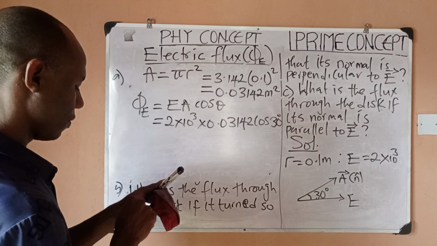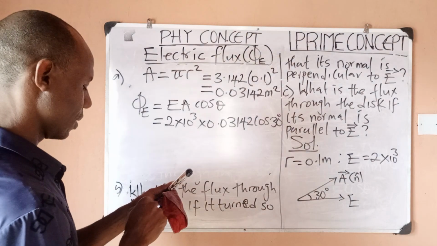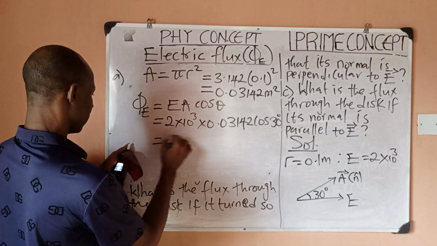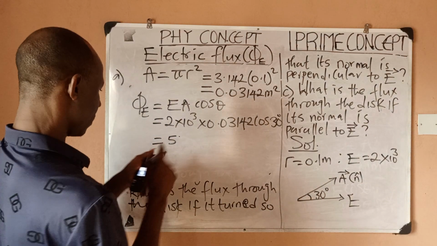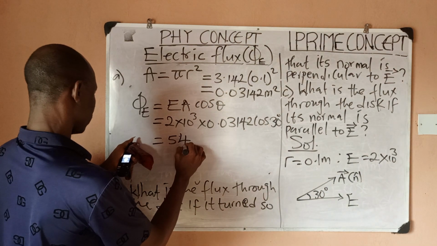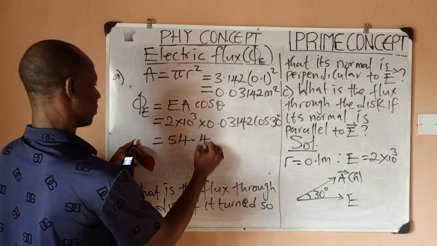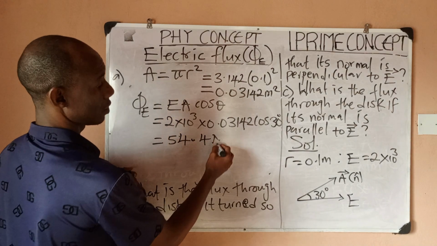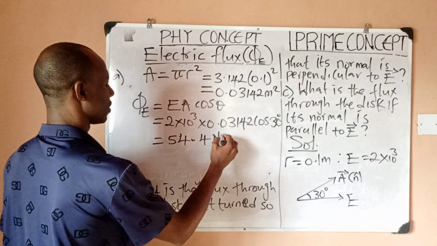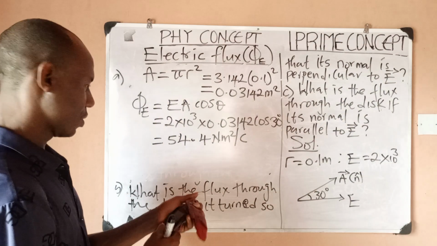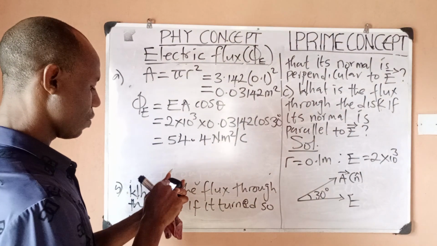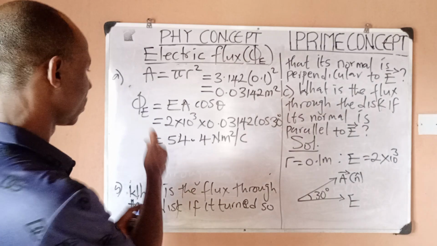So I would have 54.4 Newton meter square per coulomb. So this is what I should have.